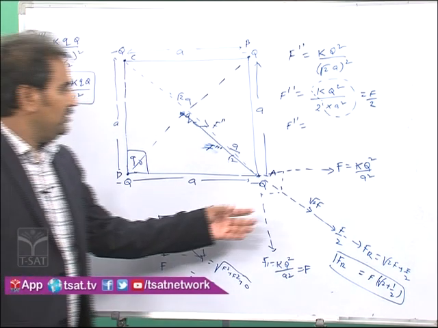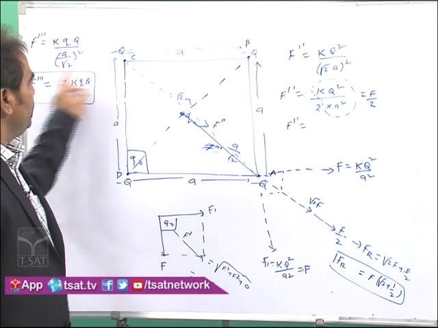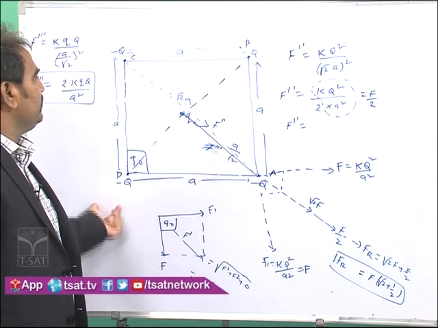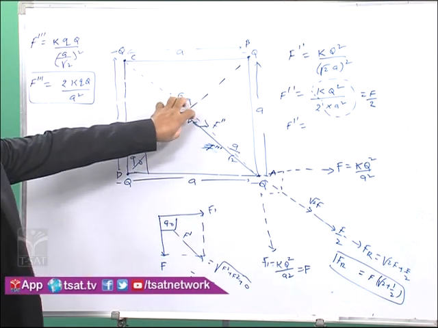When this force will be equal to the resultant force of the system, then the system will be in the equilibrium condition. We will have to find out the magnitude of the charge now.